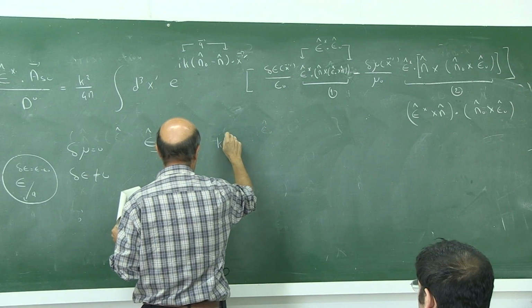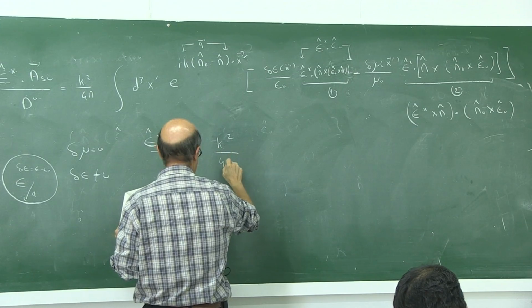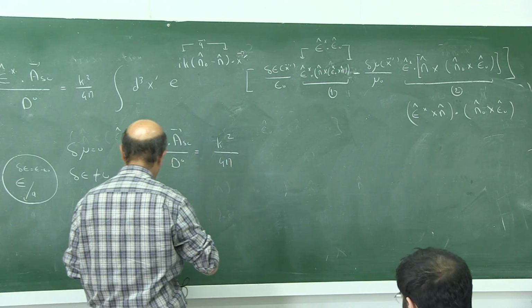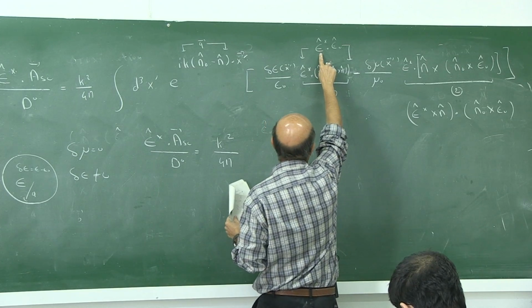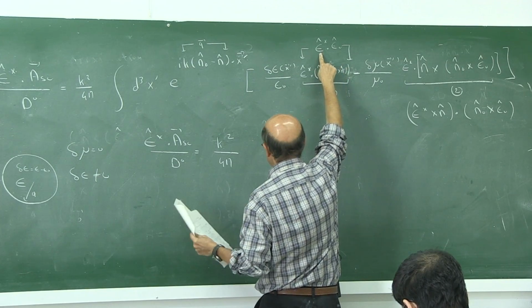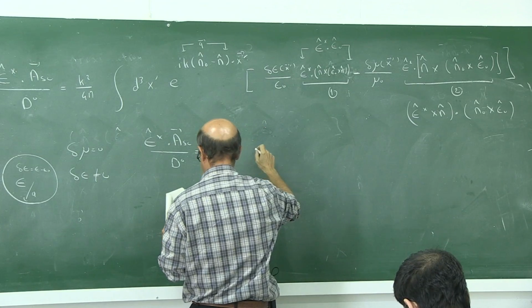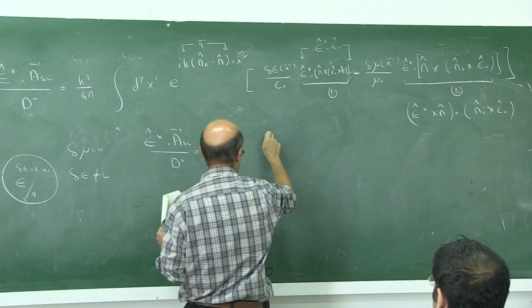k to the 4, no, k square, I'm sorry, squared will be k to the 4. You have polarization before the scattering, dot product polarization after the scattering. Take the outside integral. You have the constant variation.